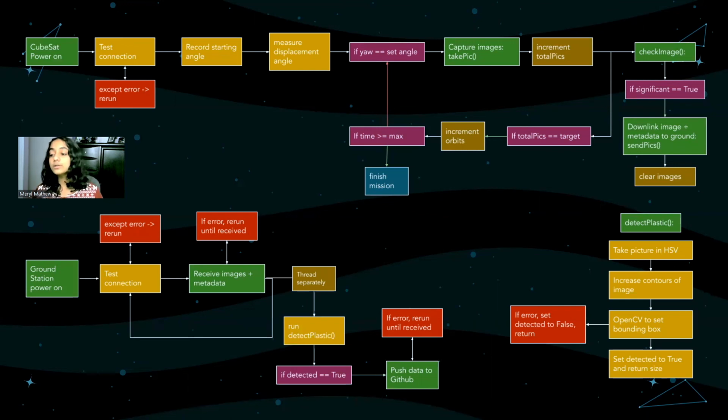We'll increase the contours and use the OpenCV Python library to set a bounding box around the image and detect objects. We'll do the detection and then push the data and the images to GitHub in order to make it available to the cloud. We'll make sure that's in a separate thread so that we'll be able to accept any errors and keep the CubeSat able to connect to the ground station, even if we face errors with pushing data.